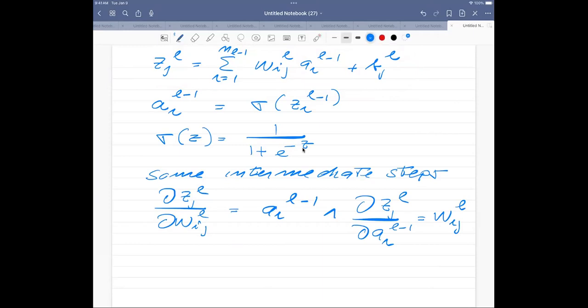I need another derivative, which is a derivative of this function of l, of dz_j^l. And if we assume that we have the sigmoid function, let me emphasize that in examples here. That leads also to a computational note.